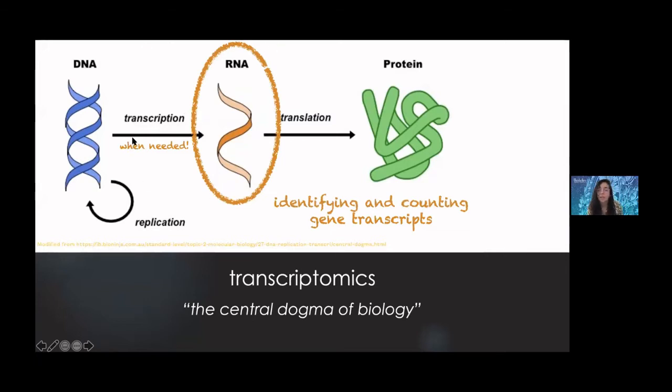So if we look at the RNA, it can give us a clue about what the plant needs in that moment. So transcriptomics is all about identifying and counting those RNA transcripts to get an idea of what the plant is doing physiologically.